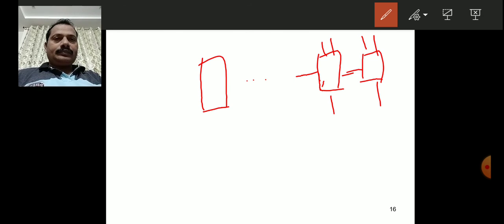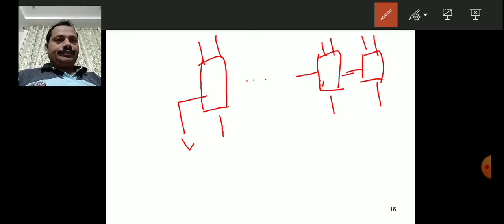Let us consider a 16-bit parallel adder like this. So on. This is the final carry.